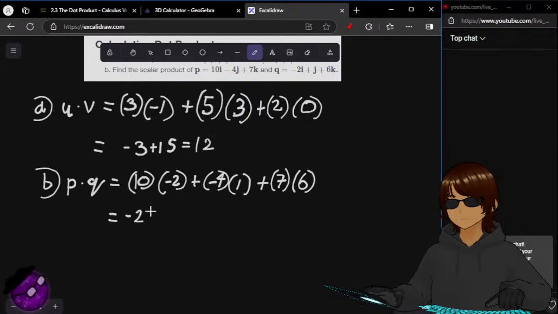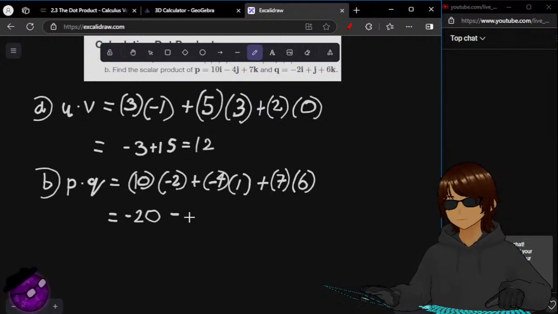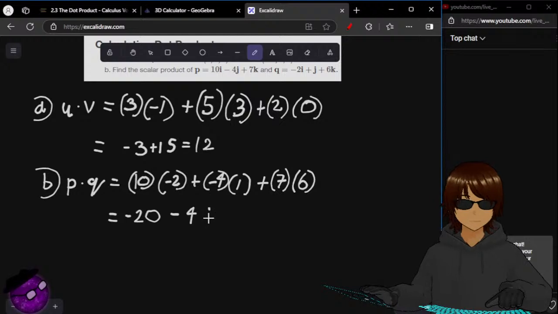We have minus 20, minus 4, 7 times 6 is 42.